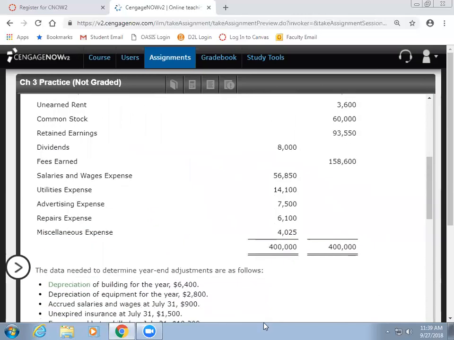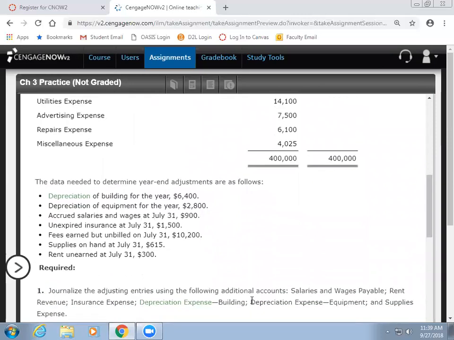And they do equal. And then the next step is it's going to want us to actually journalize the adjusting entries. Well, the tricky part of this is we might need some of these balances up in that unadjusted trial balance. So we have to read through and decipher what we need to do.